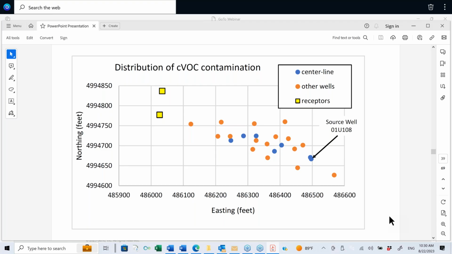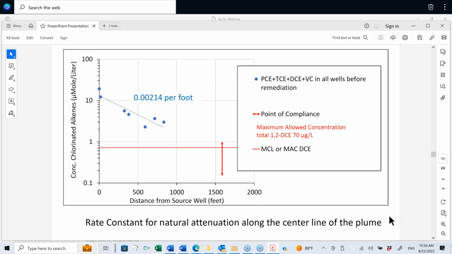You can see they're embedded in and surrounded by other wells that were not identified as being center line. And we can project then a rate constant for natural attenuation with distance. You can see in this case that it actually might or might not. It is pretty close that it would clean up before it got to the receptor.